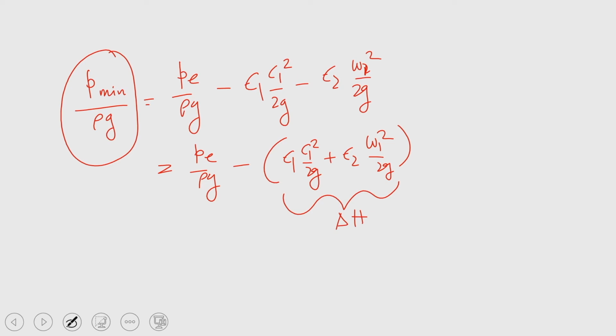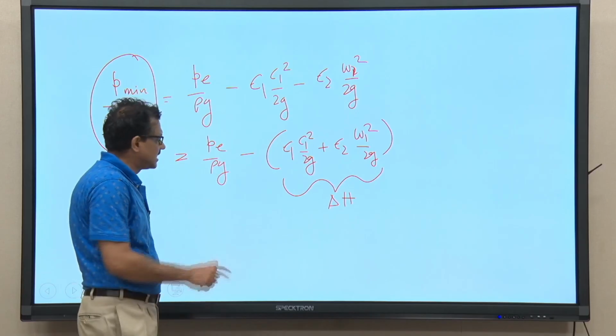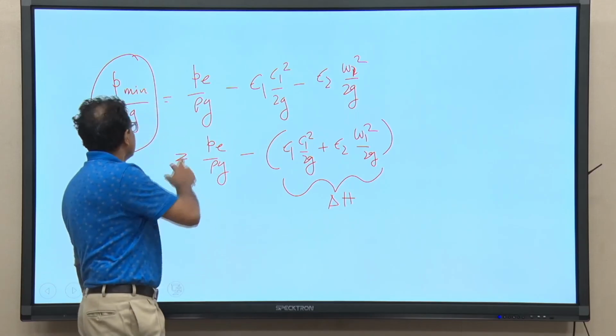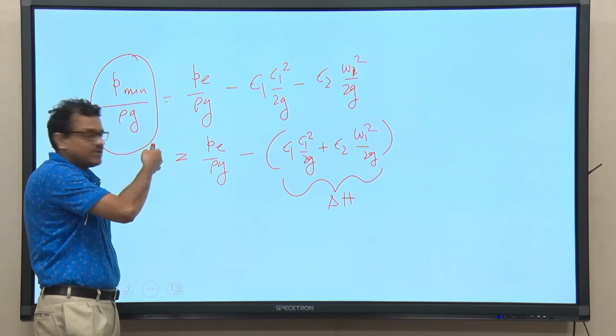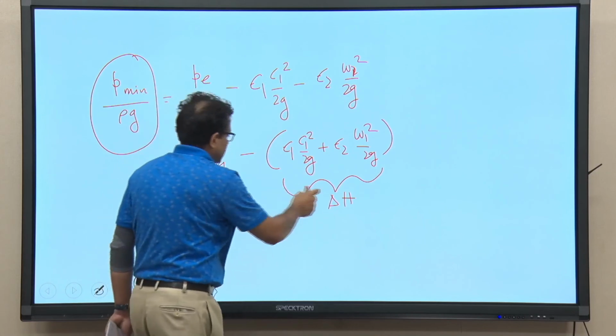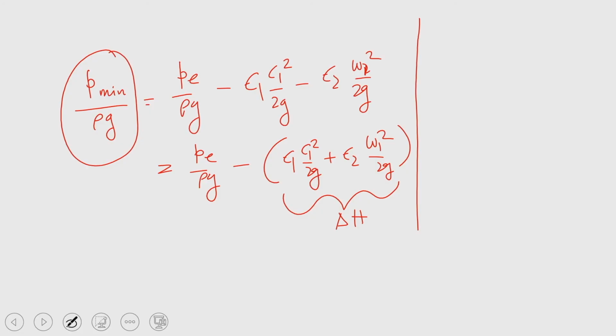If we consider this as delta H, then try to understand that the point at which the pressure will be minimum is delta H less than the pressure at point E. If we write this P minimum by rho g, let this equation be number 2.